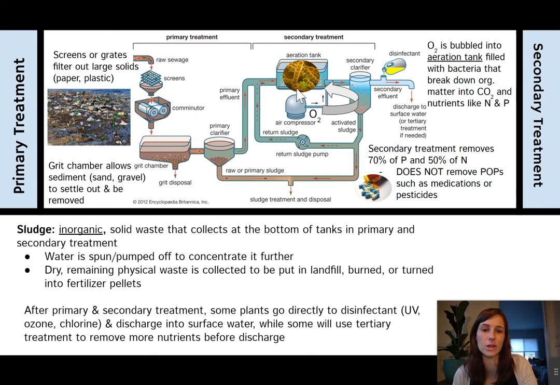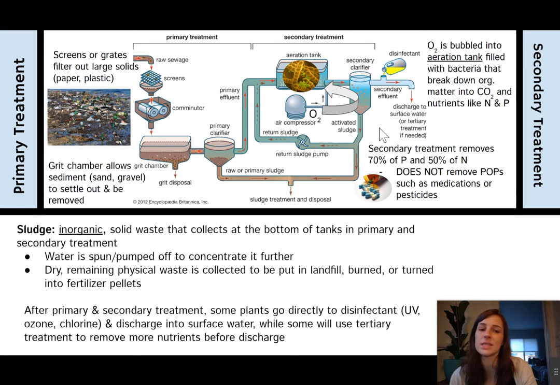For our secondary treatment over here, this is where we have this big aeration tank where oxygen is bubbled in so that the bacteria can have access to that oxygen so that it can break down the organic matter into carbon dioxide. And then we end up with those nutrients like the phosphorus and the nitrogen.